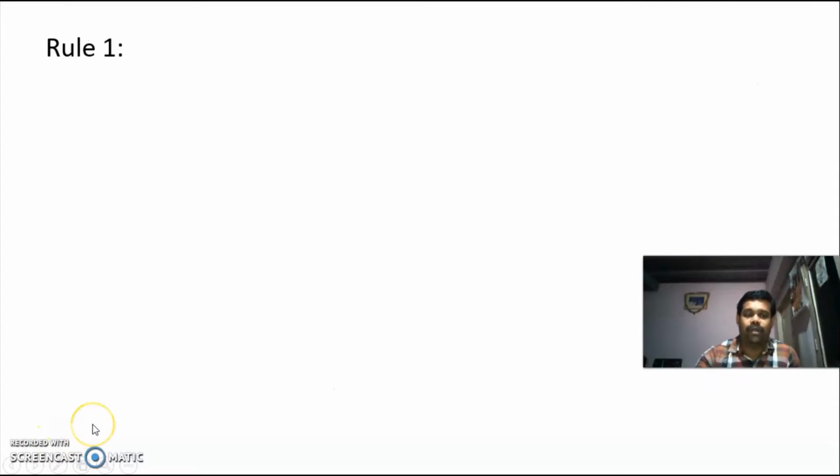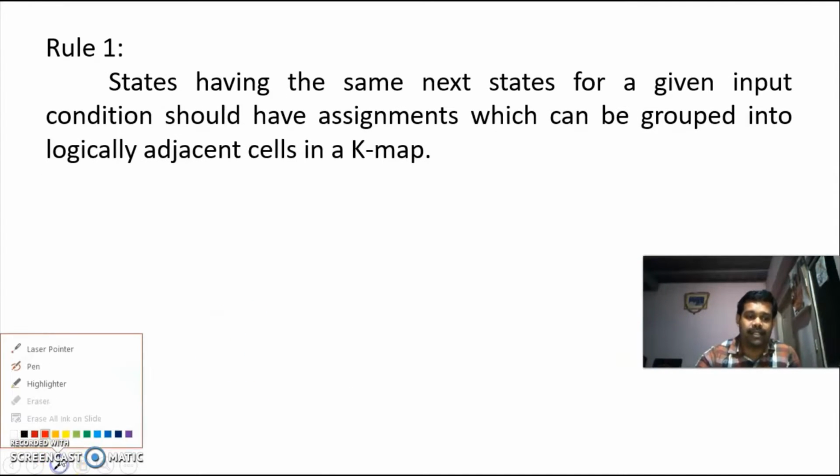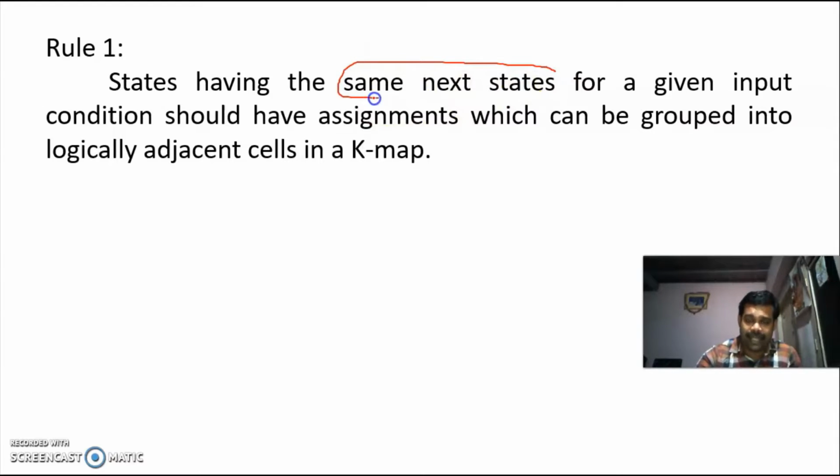Now, rule 1. What rule 1 is saying is that the states having the same next states for a given input condition should have assignments which can be grouped into logically adjacent cells in the K-map.